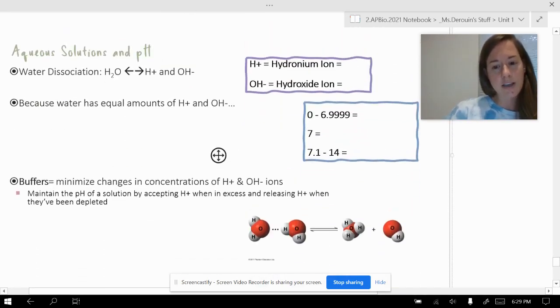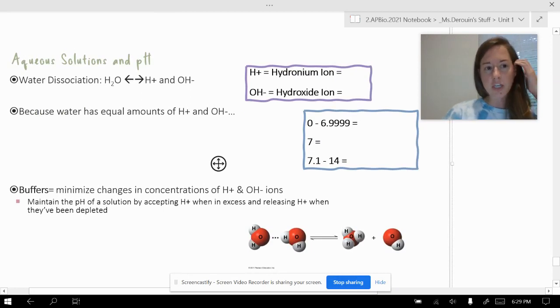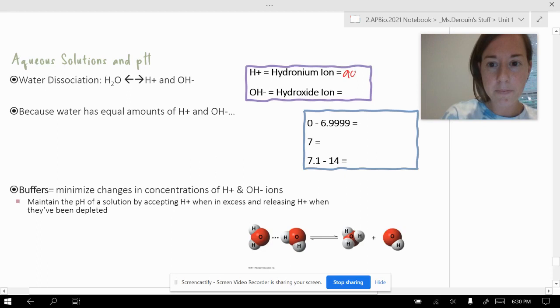Okay, last thing that we're going to talk about in this video is pH, which is also related to water. So water dissociates, it breaks into a hydronium ion, which is H plus, and a hydroxide ion, which is OH negative. Your H plus ions are acidic, and your OH is basic.